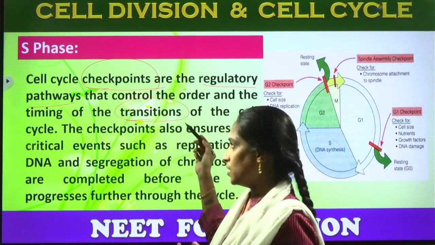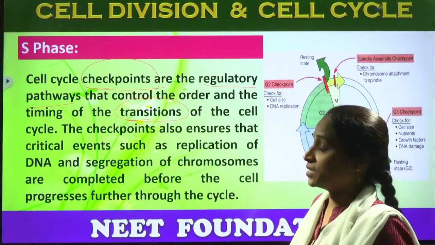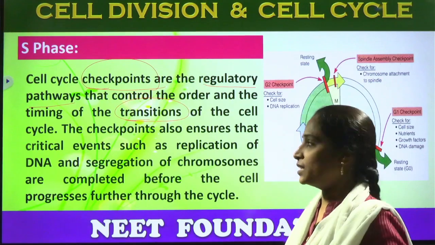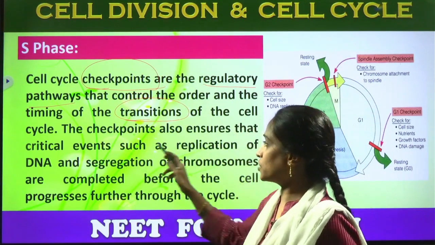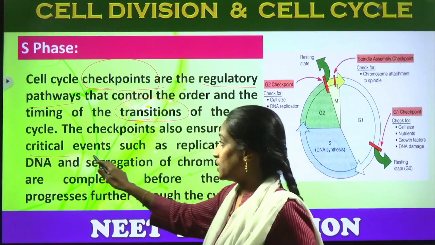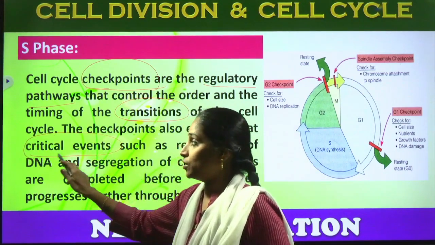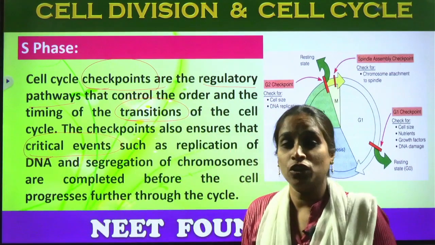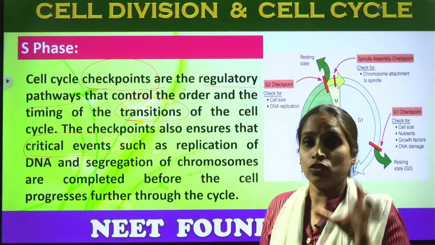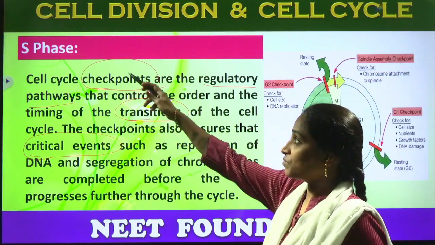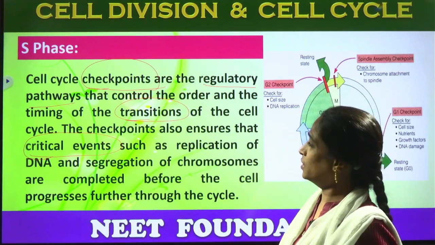Transitions in the sense also the checkpoints, different checkpoints in different phases of the cell cycle. So, of the cell cycle, the checkpoints also ensures that critical events, any dangerous events, either the cell damage or any cell organelles damages or any nucleus gets damaged. So, each and everything is being checked by the checkpoints in the S phase.